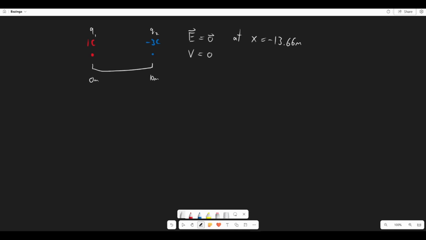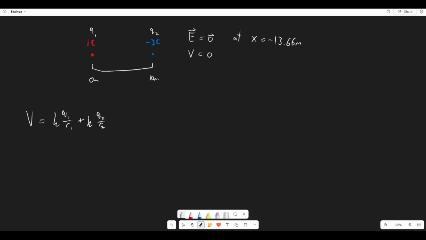This one will be a lot simpler because V is a scalar quantity, not a vector quantity. So we don't have to worry about direction or anything, we can just use the formula directly. We know that the voltage at some point is just the sum of kq1 by r1 plus kq2 by r2. Note that we don't have to use absolute value signs and determine the sign of the individual terms because these are scalars.